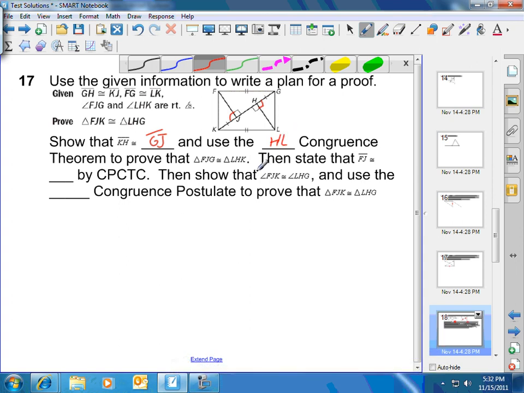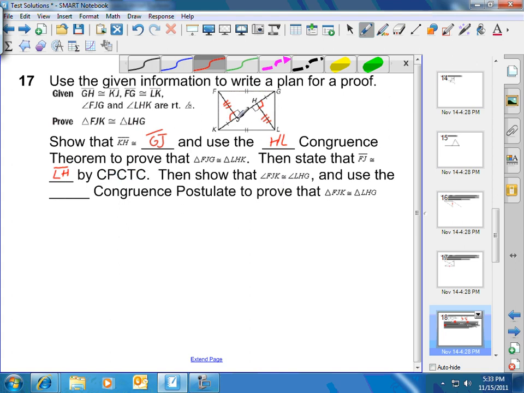And because these two triangles are congruent, then the corresponding parts are congruent. Okay, segment FJ is congruent to segment HL. All right, so segment FJ is congruent to segment HL or LH, because corresponding parts of congruent triangles are congruent.